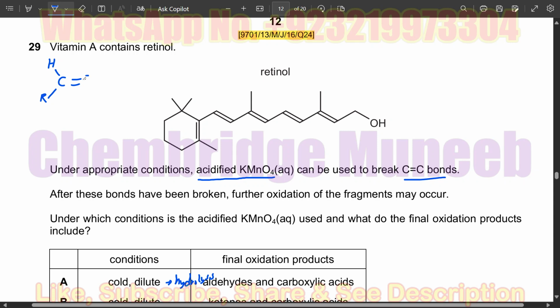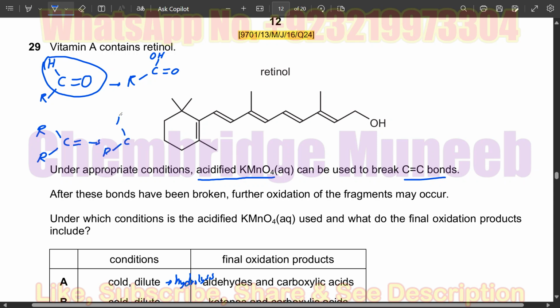It will first convert into this form, and this is the aldehyde part, and after further reaction with KMnO4, it will convert into the carboxylic part. So aldehyde converts into carboxylic acid, and if we have this type of part in the compound, it will convert into the ketone.